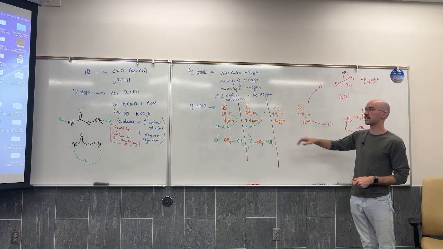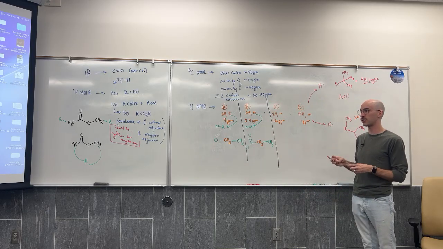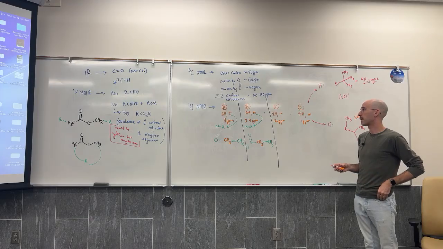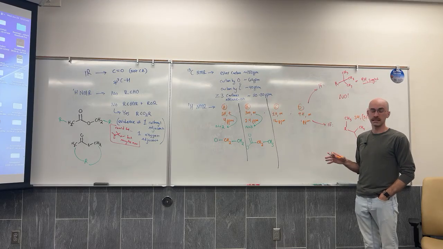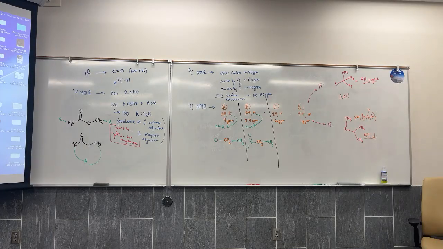All right, we've got this signal C, which is a 1H multiplet. Its signal is around 1.6 according to our correlation tables. Sorry, let me show you guys the correlation table. According to our proton NMR correlation table, 1.6 is not really functional group adjacent. That's more alkane.